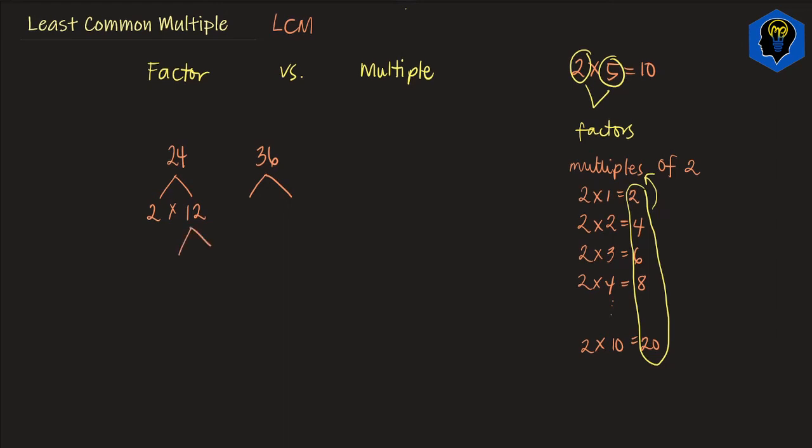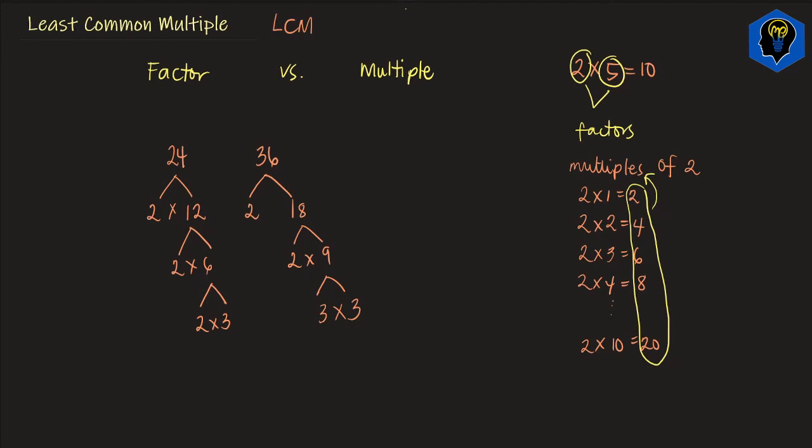So, 12 is 2 times 6. And then 6 is 2 times 3. On the other hand, 36 is 2 times 18. And then 18 is 2 times 9. And then 9 is 3 times 3.